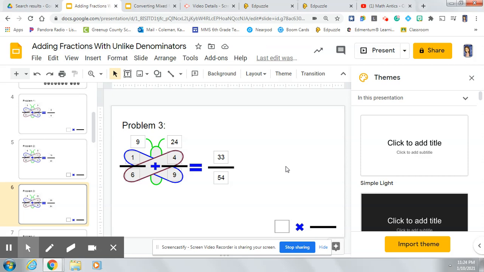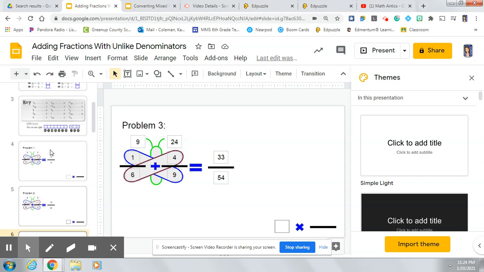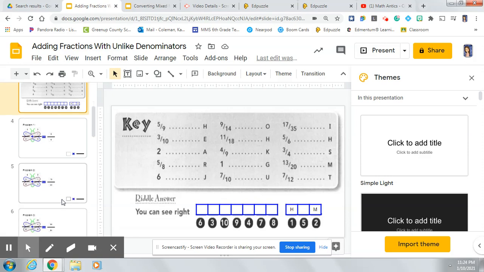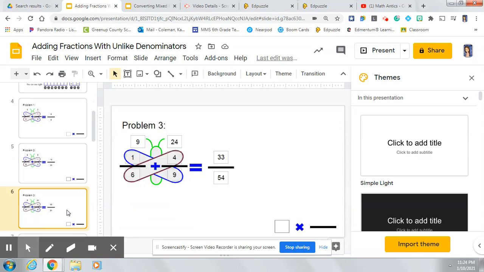So I have to think, is there anything that I could divide 33 and 54 by? If you're not sure, you can always look at your answer key and look for 33 over 54. If you look, it's not showing up anywhere. So that's telling you you need to go back and look at your work, or you need to try to simplify it. Okay, so it needs simplified.